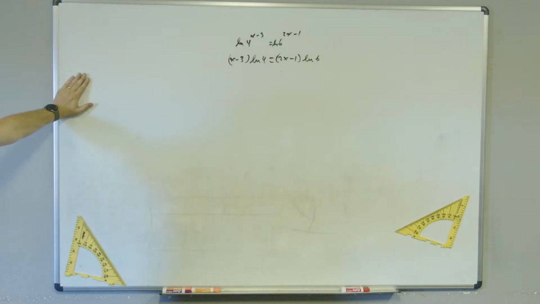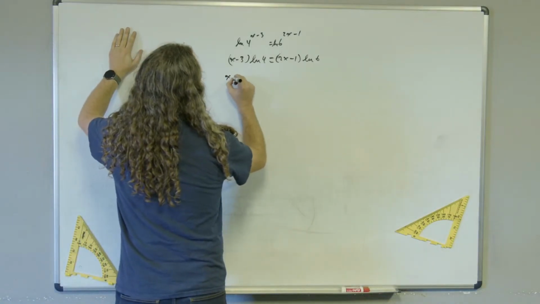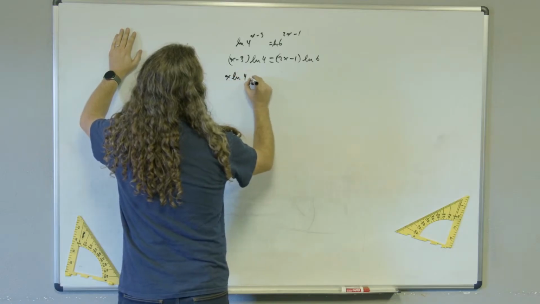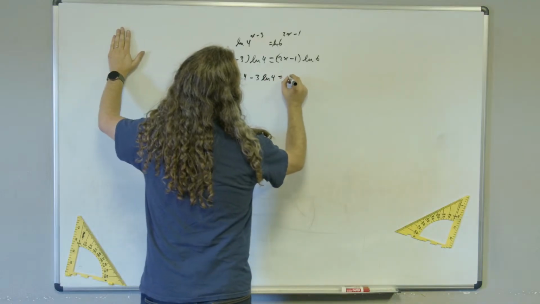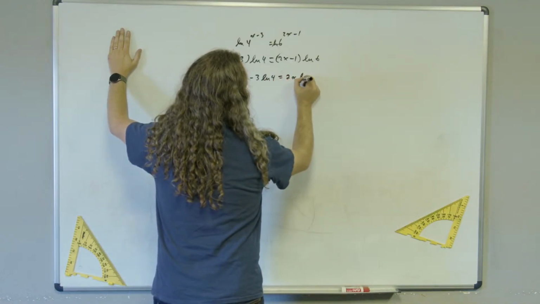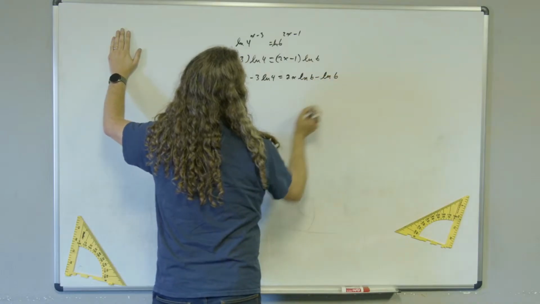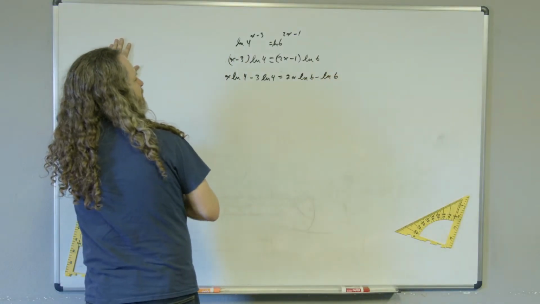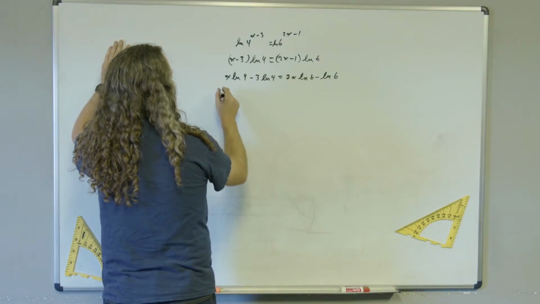We have to distribute the natural logs, right? Yeah. So we get x natural log of 4 minus 3 natural log of 4 equals 2x natural log of 6 minus the natural log of 6. Move the x ones over and the not x ones over.